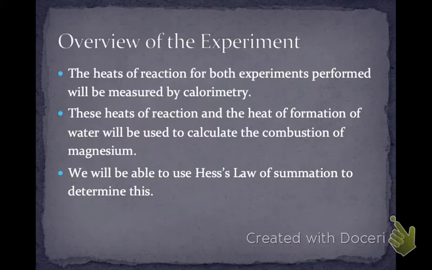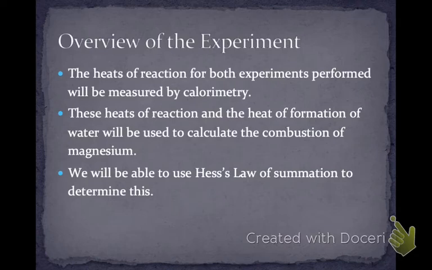After we conduct the experiment, we would look at our data: our temperature changes, the specific heat of water, and the total mass of the hydrochloric acid and the magnesium reactants. We would calculate the delta H from that, or the Q value. Then we would use Hess's law of summation to determine the enthalpy for the combustion of magnesium.